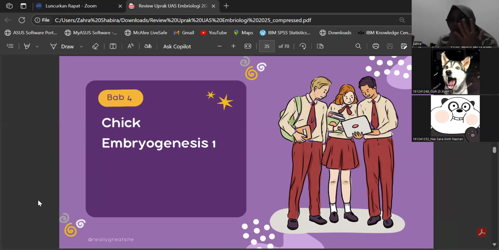How many hours from these 5? Let's recall again. What hours do you study from these 5 phases? 16, then 18, okay? 20, right? 22, 24.